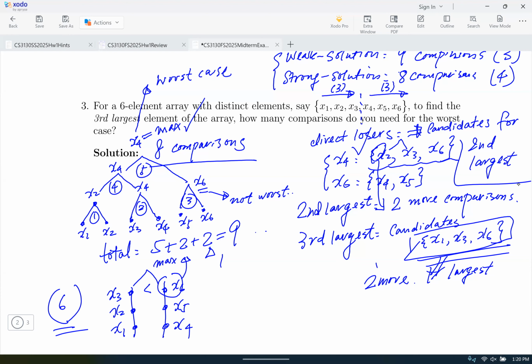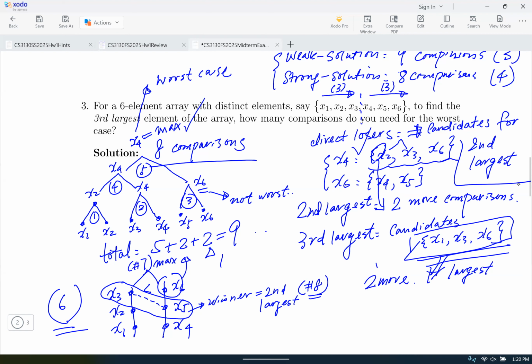Who is the second largest? You do one comparison between x3 and x5. The winner is the second largest. So this is comparison number 8, because the previous one was comparison number 7.